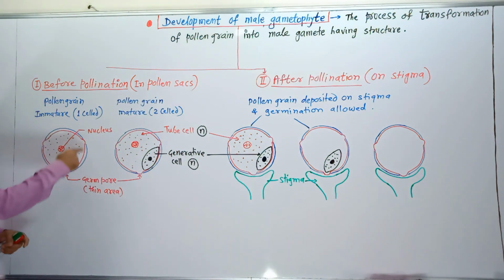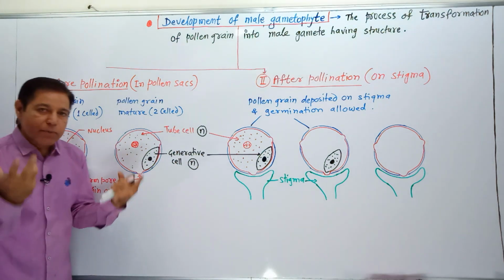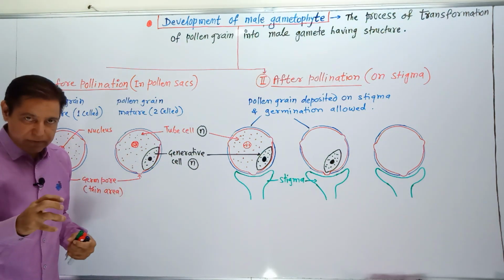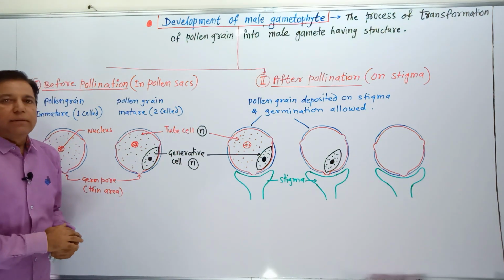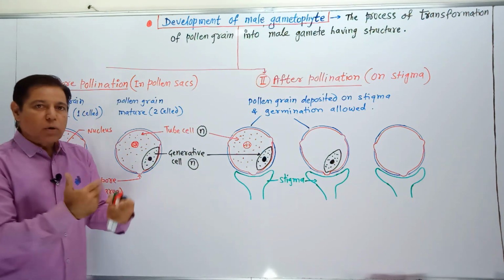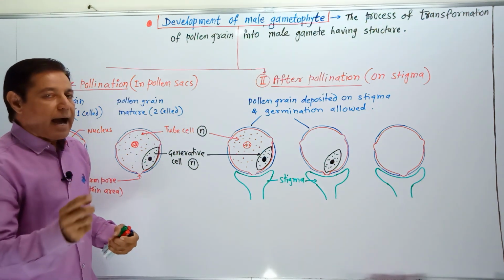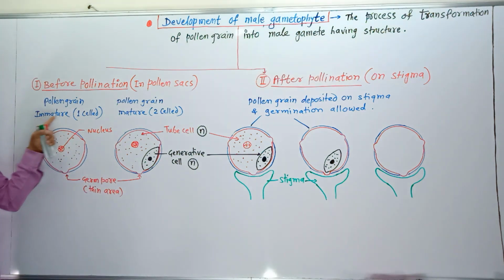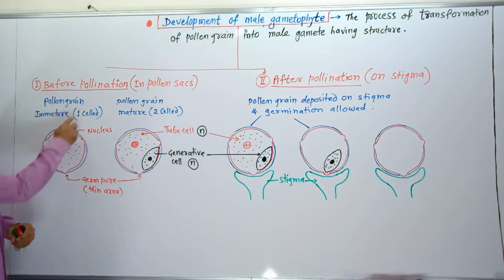When the pollen grains are produced inside the pollen chambers of the anther by meiosis, first of all they are one-celled and are called immature or juvenile.